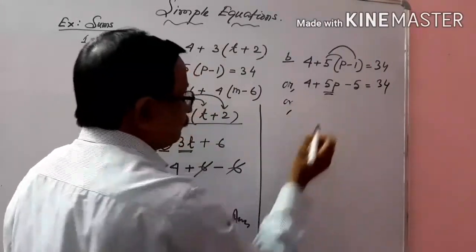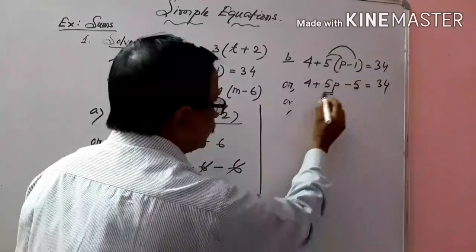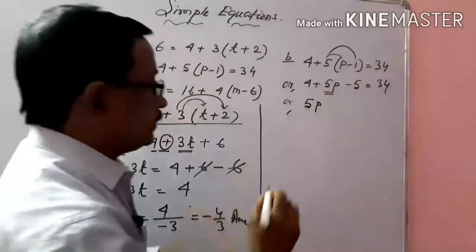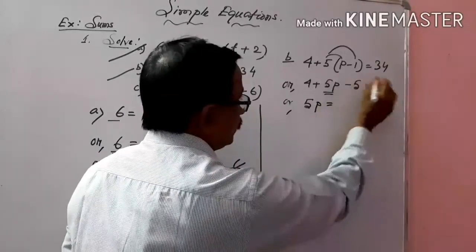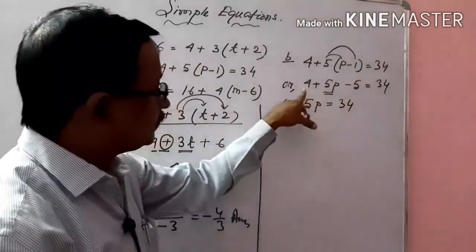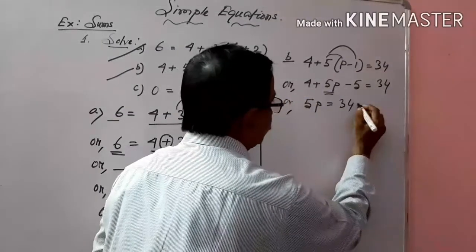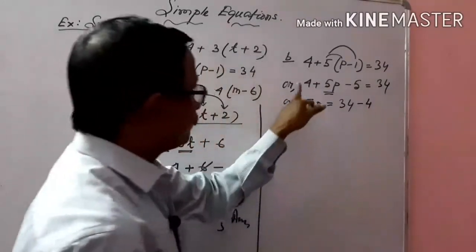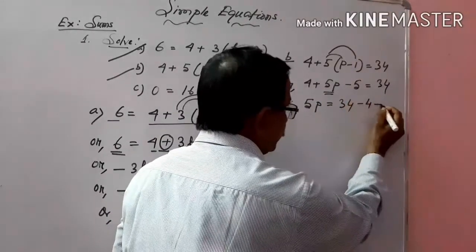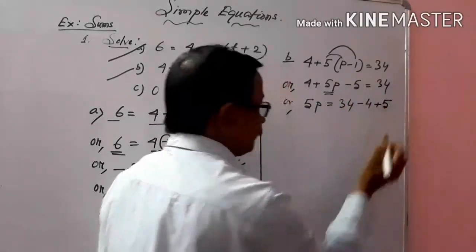Now we have to find p. Keep 5p on the left hand side and bring the rest to the right hand side. 34 remains in the same place, but 4, once you take it to the right hand side, the plus becomes minus 4, and minus 5 becomes plus 5.